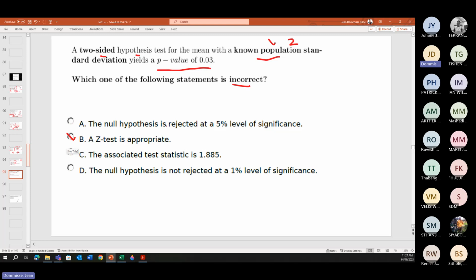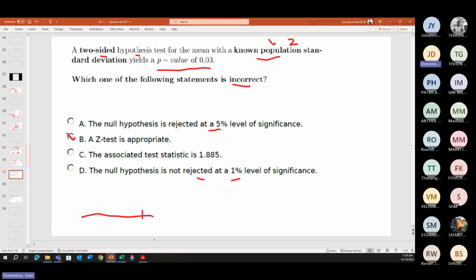Now, the other two options: the null hypothesis is rejected at a 5% level, and the null hypothesis is not rejected at a 1% level. So let's look at that.